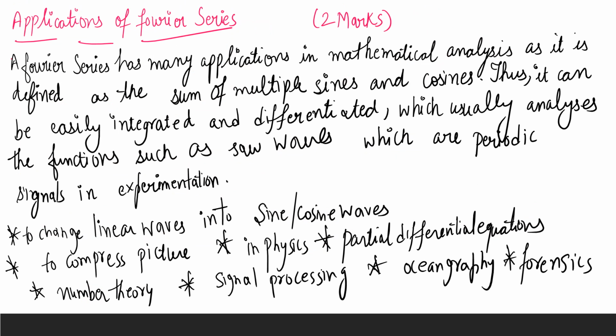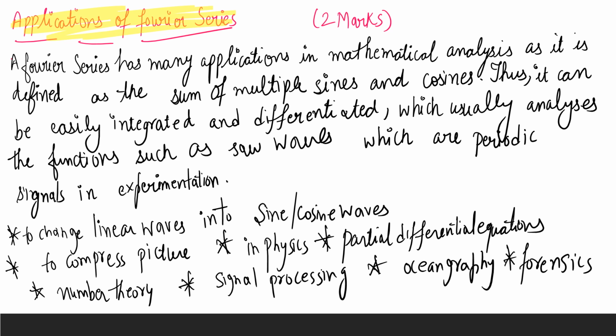Now we will learn about the application of Fourier series, where exactly Fourier series is used in real life. Actually, what is a Fourier series? A Fourier series converts any periodic function into a sine and cosine series.